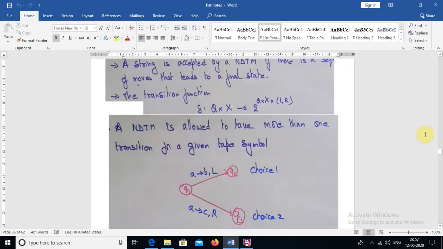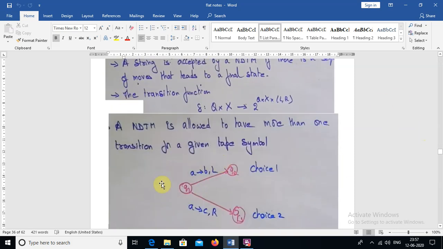If you see the diagram, you can understand. From the q1 state, for the same input symbol a, we have different state choices. You may go to the q2 state or you may go to the q3 state. For input a, you can replace it with a blank, or you can replace it with some other symbol c.